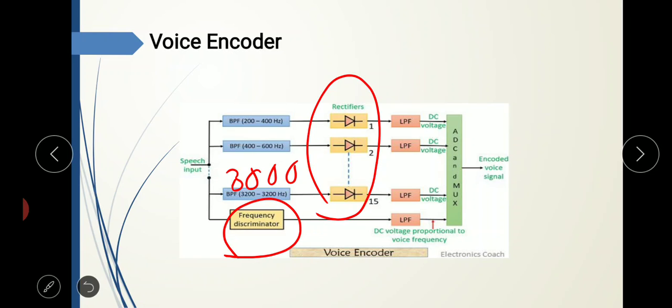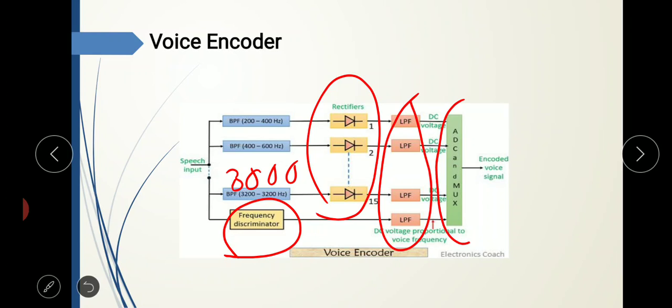The output at all the LPFs, means the output of low pass filters, generates a DC voltage which is sampled, multiplexed and analog to digitally converted.